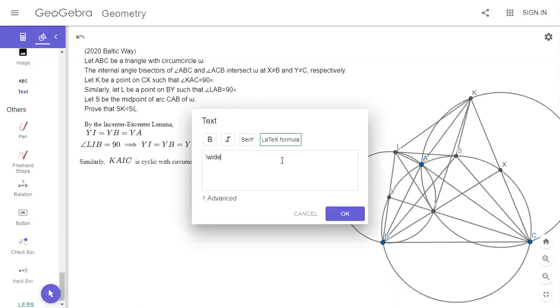So arc SX is equal to arc SC minus arc XC, which is equal to, so SC is half of AB plus AC.